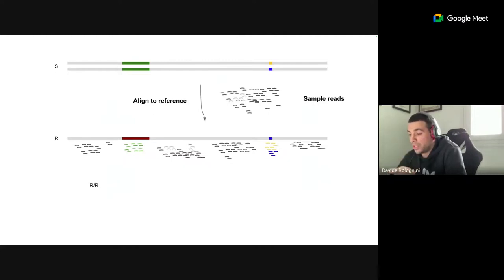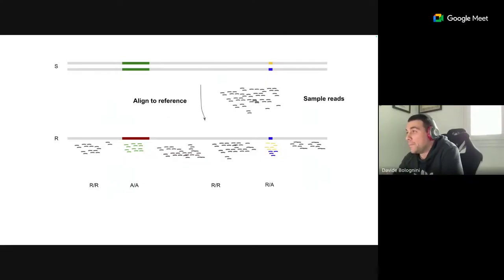In the second block, the reference is red, but our sample only has green reads. So we infer that both the haplotypes are alternate, so AA. Again, a third block, which is equal to the reference. The fourth block is blue in the reference, but there is a mix of yellow and blue in the sample. So we derive that one haplotype is reference and the other one is alternate.